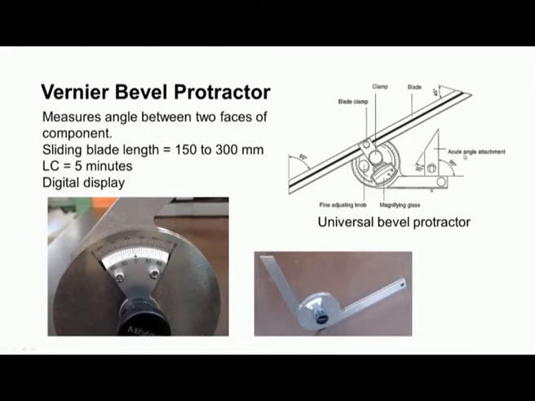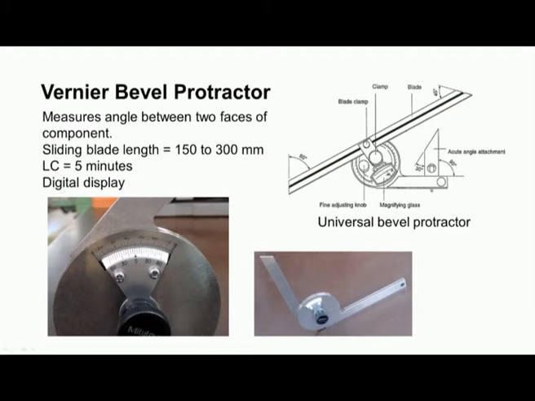There is an acute angle measurement attachment. This is 90 degree and this angle is 30 degree, and we have a sliding blade. This is again beveled at 45 degree, and this shows this angle is 60 degree. We can use these ends of the blade to check 45 degrees and 60 degrees.